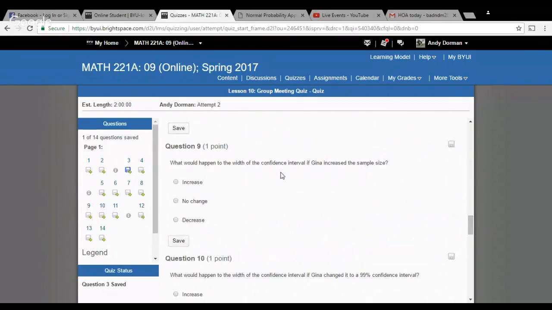So, what would happen to the width of the confidence interval if Gina increased the sample size? Say Gina wanted to do 100 units instead of 64. Are you sure about that?